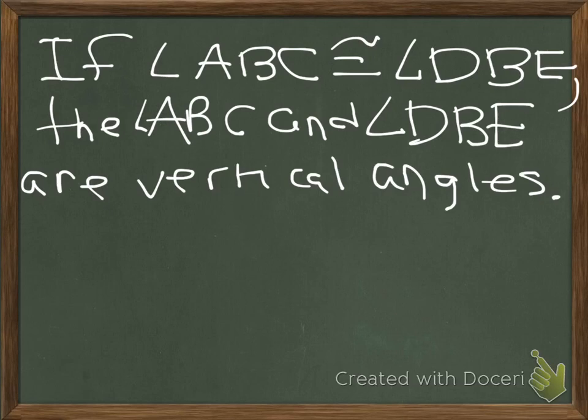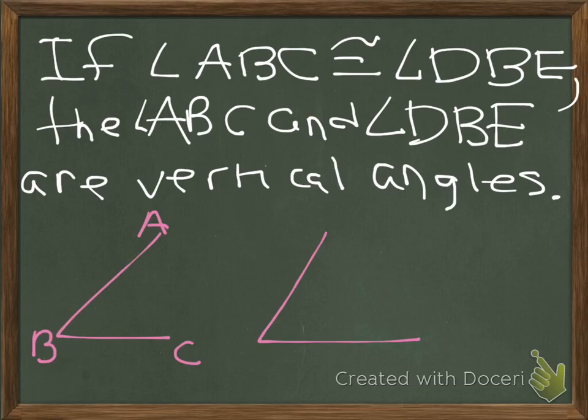So really just drawing two angles labeled correctly, like this, ABC maybe, and DBE, where you have them labeled as being congruent, is also technically a counterexample, because that's not showing that they're vertical, but it is showing that they are congruent.